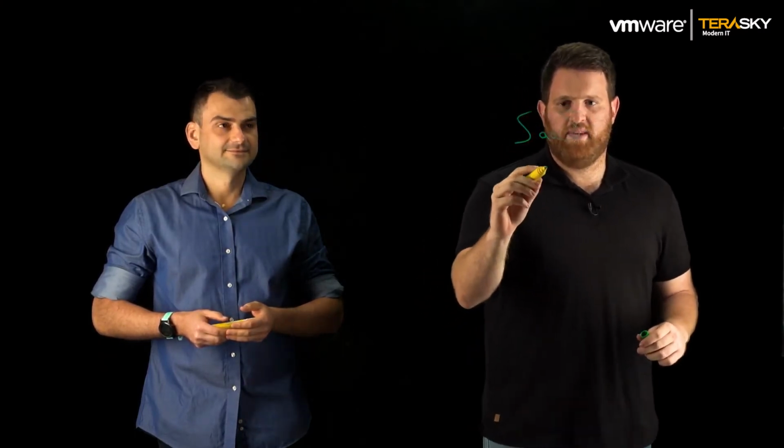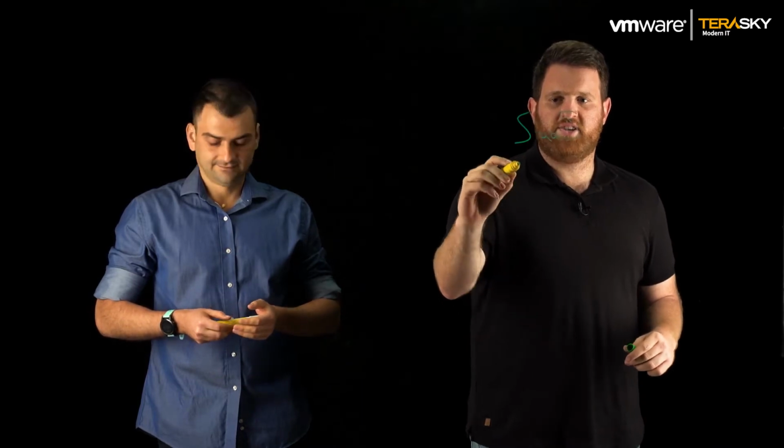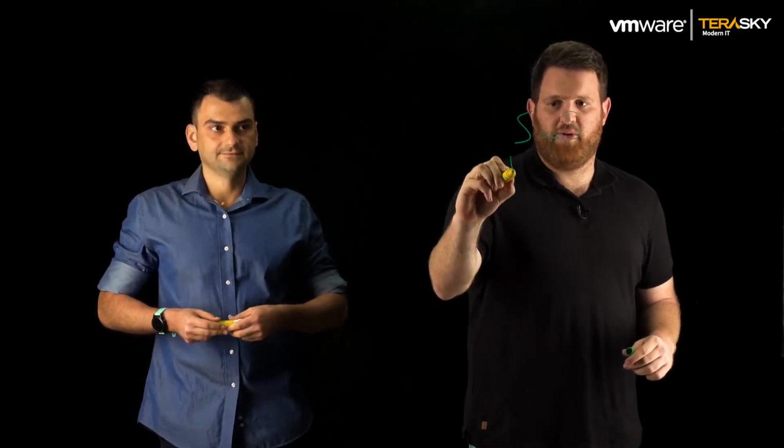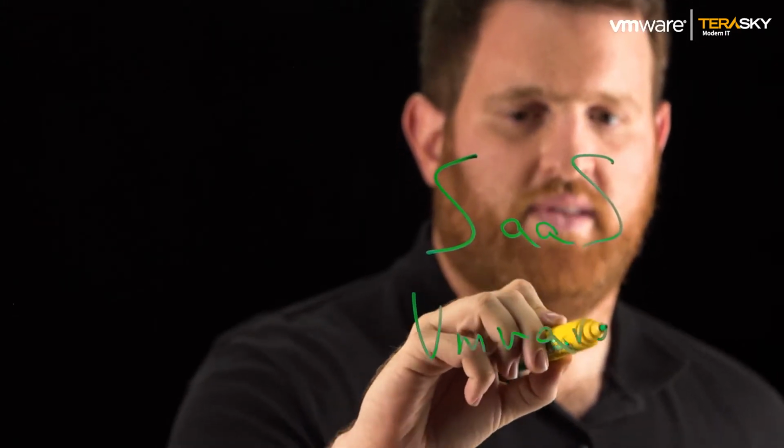Yeah. So basically, we are a SaaS-based company. It means that our product is delivered to our customers online as a service. And our entire infrastructure is basically on-prem based on VMware technology.